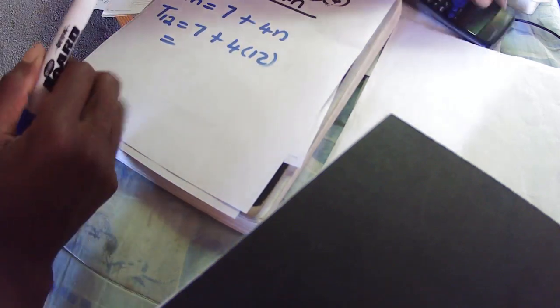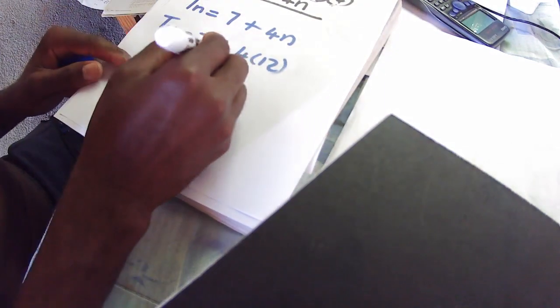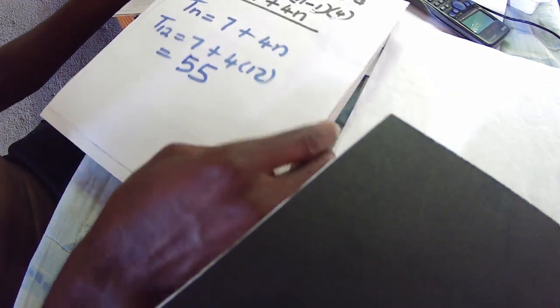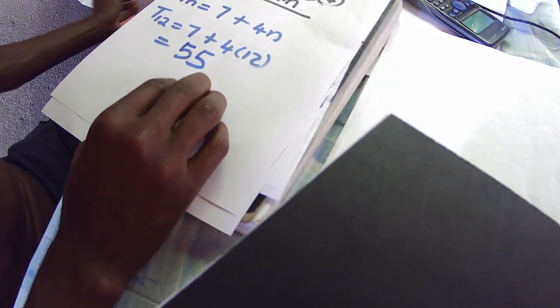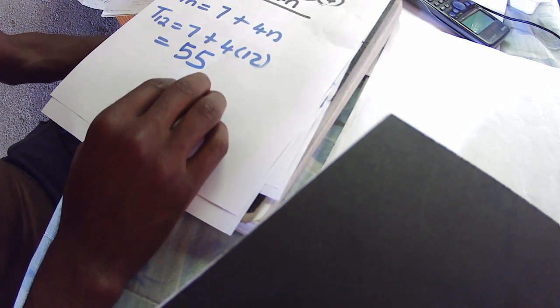That is 55, right? So if you punch your calculator, you're still going to get 55 by using the nth term formula. So that is it for this question.